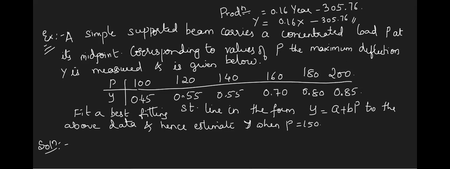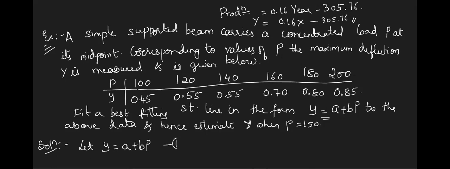Now they have already given one equation format, the straight line format. So don't change it. If it is given, don't take y equal to ax plus b again. You stick to this equation and find a and b. So let y equal to a plus bp.